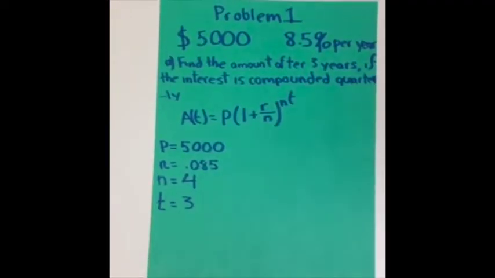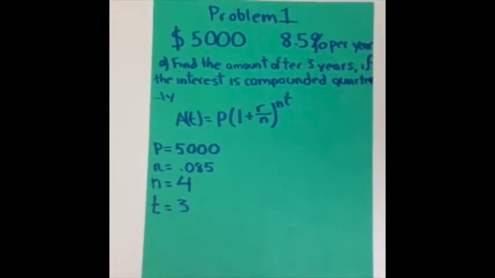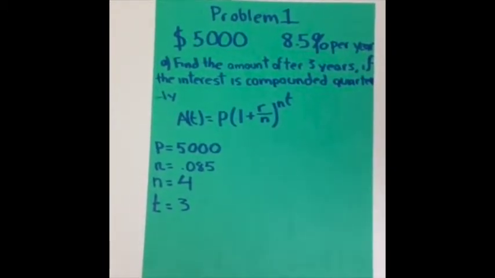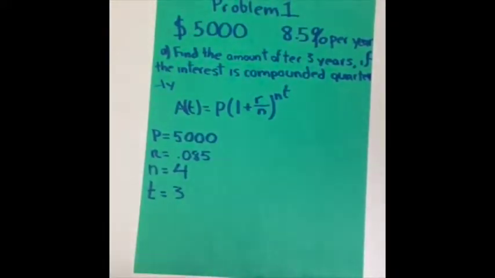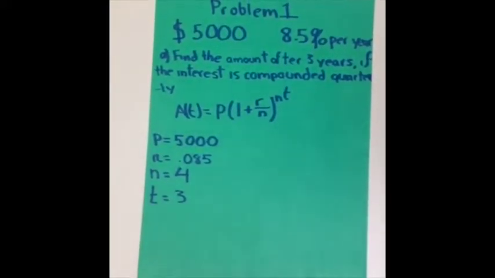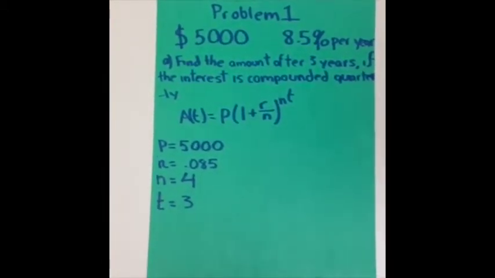Now we have the problem. A man invests initially $5,000 in an account that pays 8.5% per year. Find the amount after 3 years if the interest is compounded quarterly. Now we have our formula of compound interest per year.